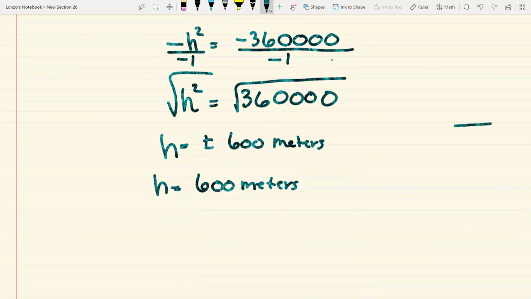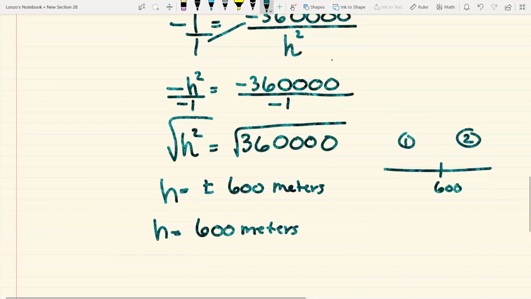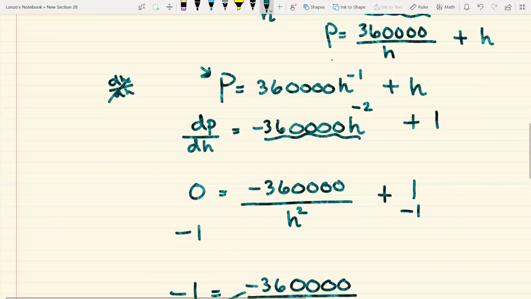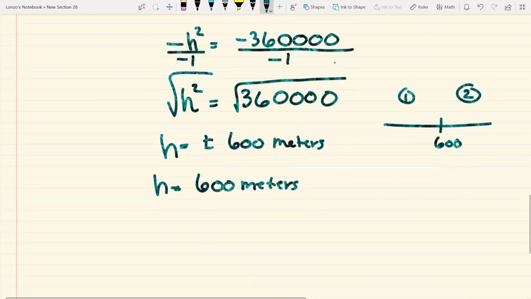We got to check if this actually does give us a minimum by doing the test point method. So put 600 on a number line, test region 1, region 2. We're going to plug into your first derivative, which is, what is our first derivative? This one right here, dp/dh.